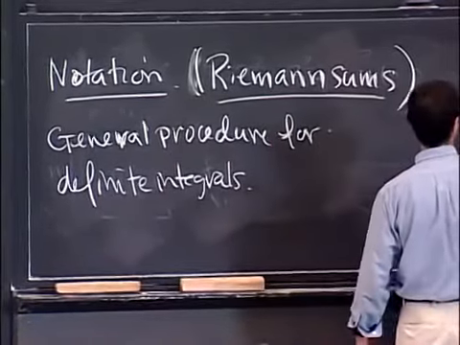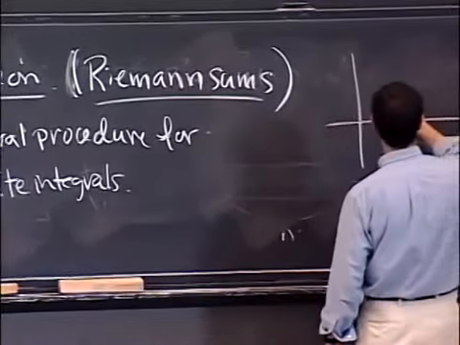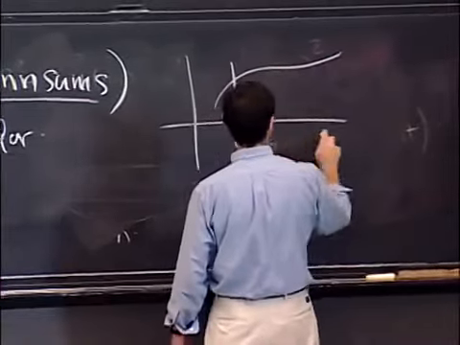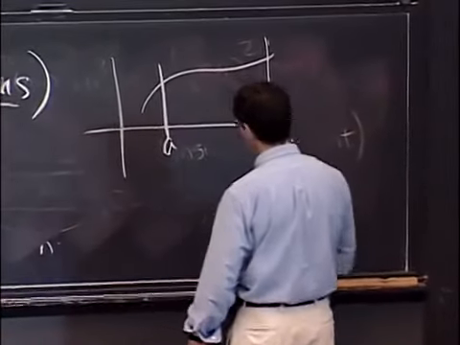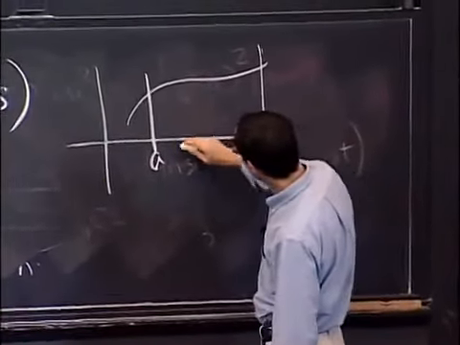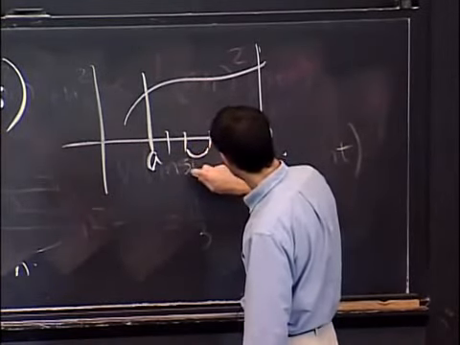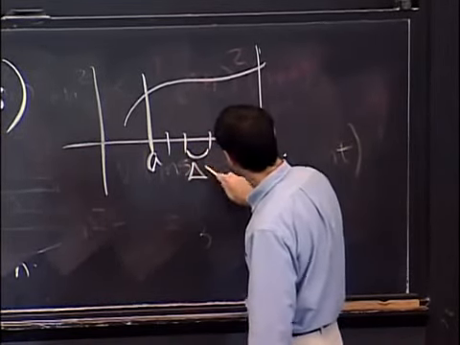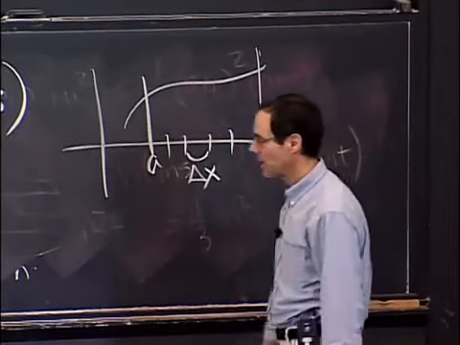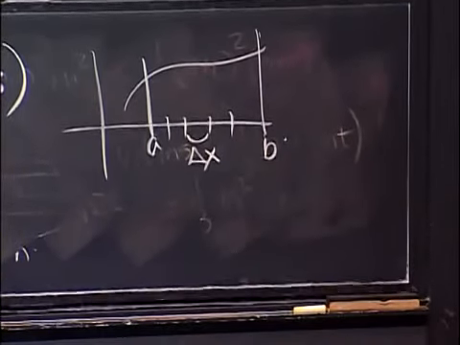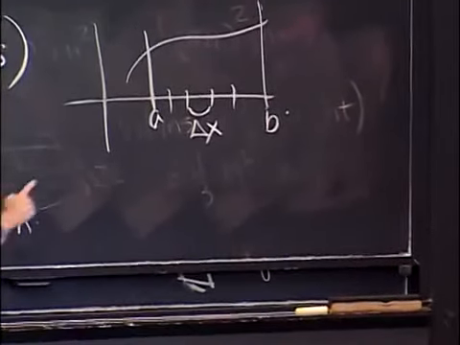Well, here's our a and here's our b. And what we're going to do is break it up into little pieces, and we're going to give a name to the increment, and we're going to call that delta x. So we divide up into these.